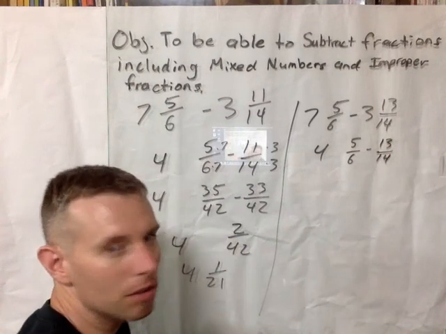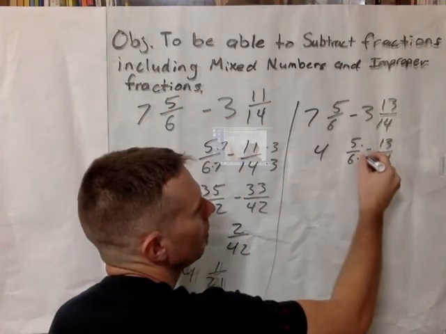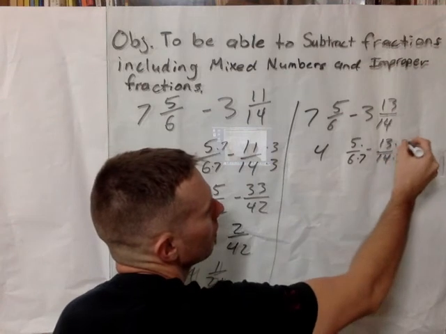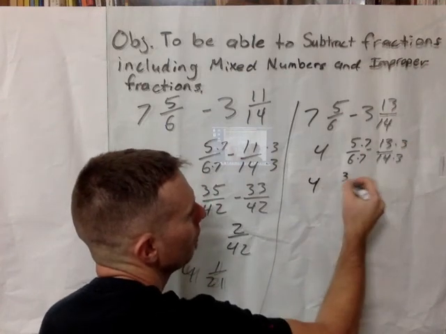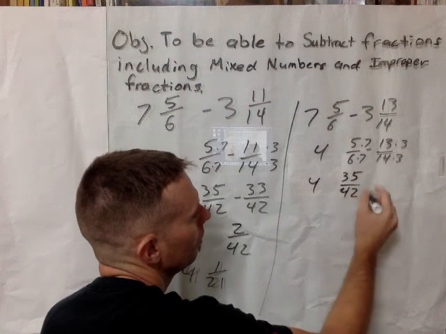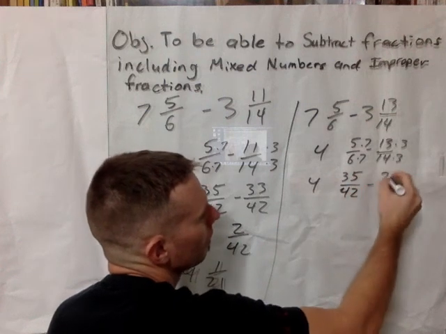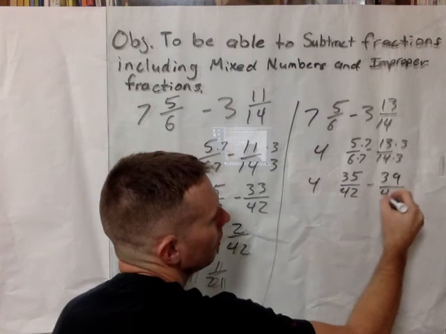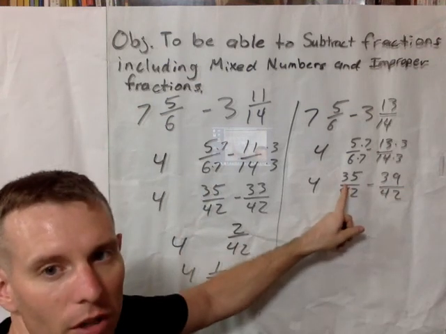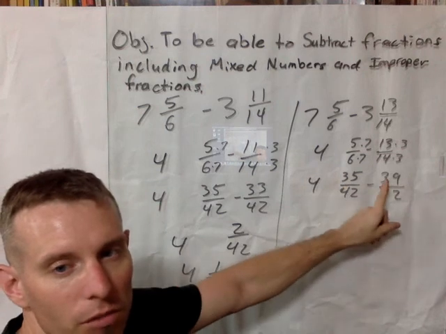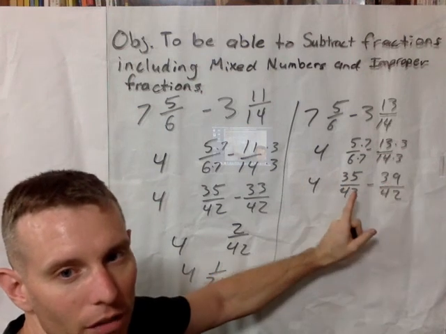Well, see what happens when we make these equivalent fractions. We have 4, and then we have 35 over 42 minus 39 over 42. And so now all of a sudden this numerator is smaller than this numerator. So we're going to end up with a negative fraction over here.